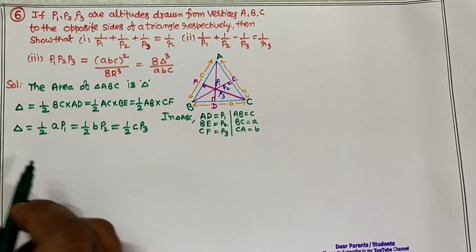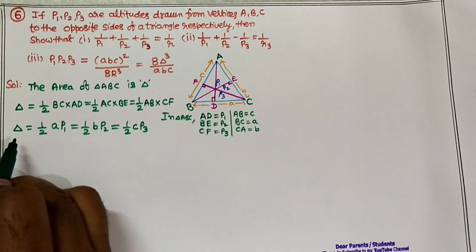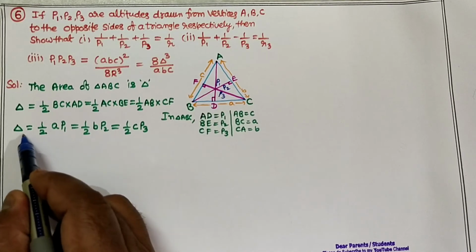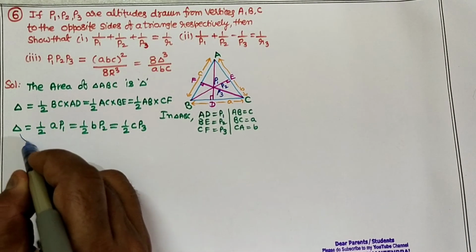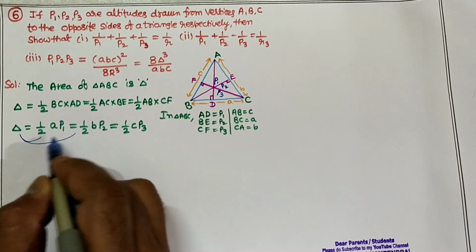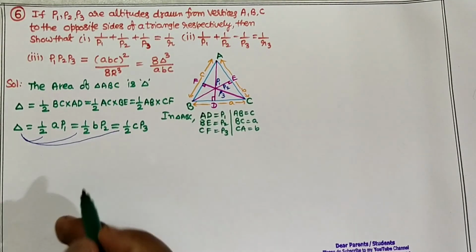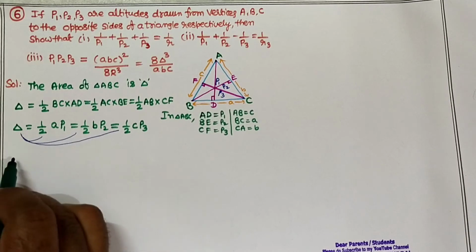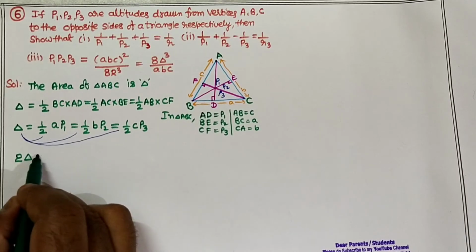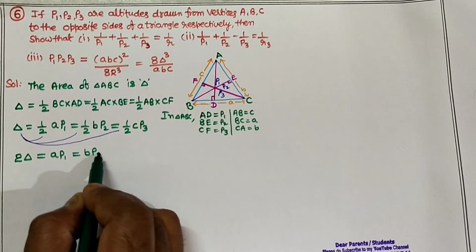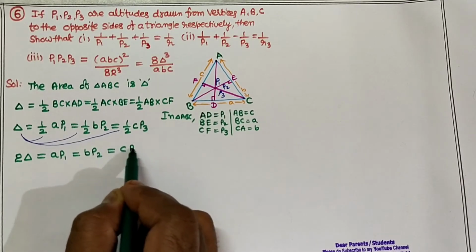What I am doing is cross multiplying, equating these, so 2 delta is equal to AP1, which is equal to BP2, which is equal to CP3.